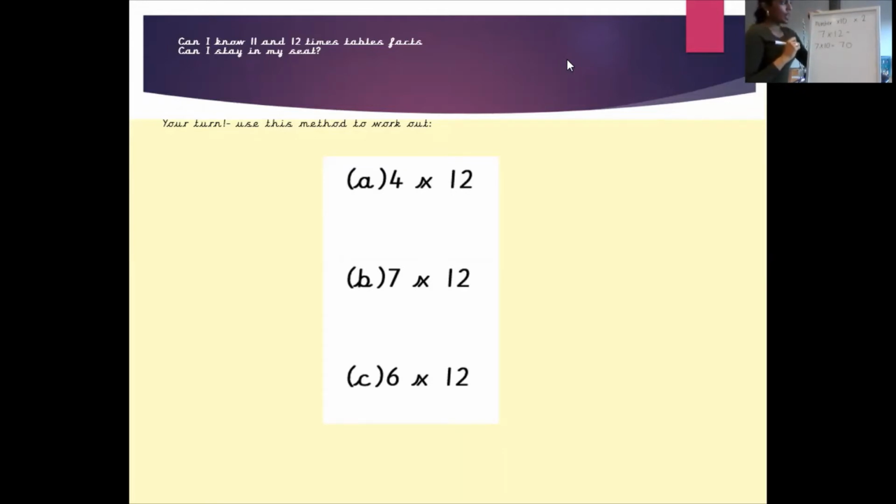And the next thing I need to do after that is 7 times 2, which equals 14. If you look carefully how I'm laying it out, it just makes it easier for me to add them together. So 0 add 4 is 4, and 7 add 1 is 8. So my answer is 84. So 7 times 12 equals 84.